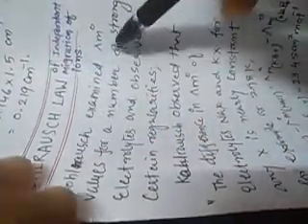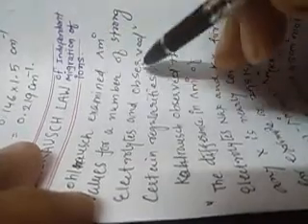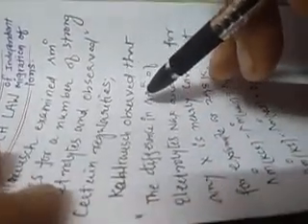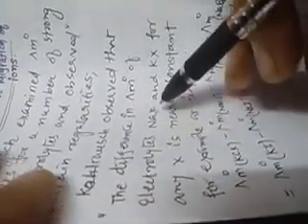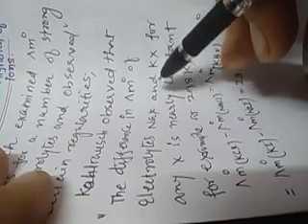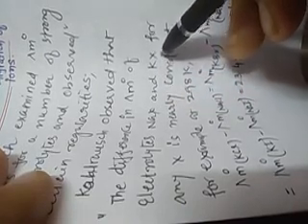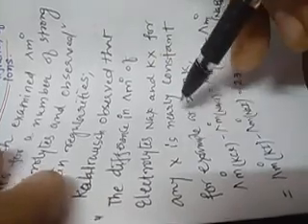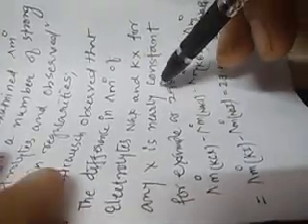Kohlrausch examined the limiting molar conductivity values for a number of strong electrolytes and observed certain regularities. Kohlrausch observed that the difference in the lambda m0 of electrolytes NaX and KX, where X can be Cl, Br, I, whatever, is nearly constant.